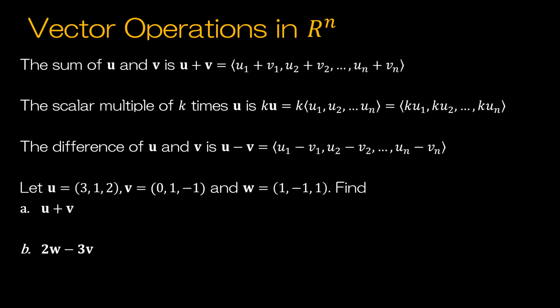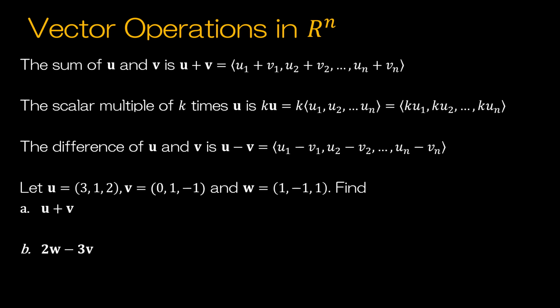If you're joining us from the last part of this video that talked about vector operations in R2, good news, those vector operations are the same. Finding the sum is just component-wise. If I'm finding the scalar multiple, I'm taking every element of that vector times the scalar. If I'm finding the difference, again, it's component-wise.